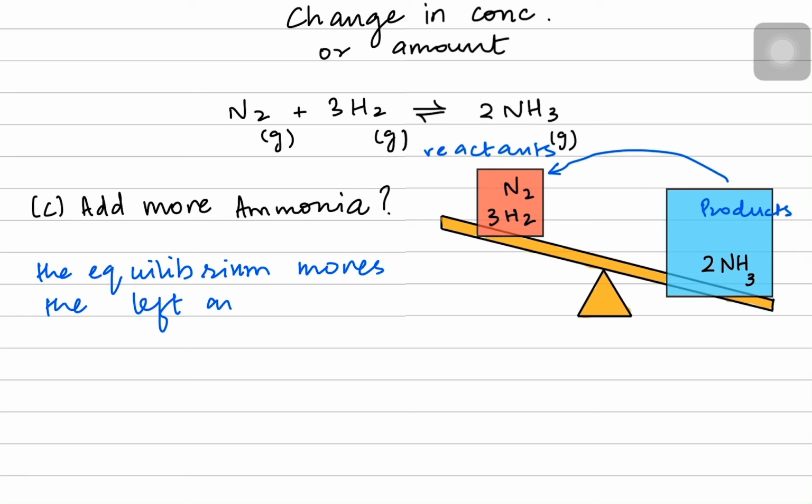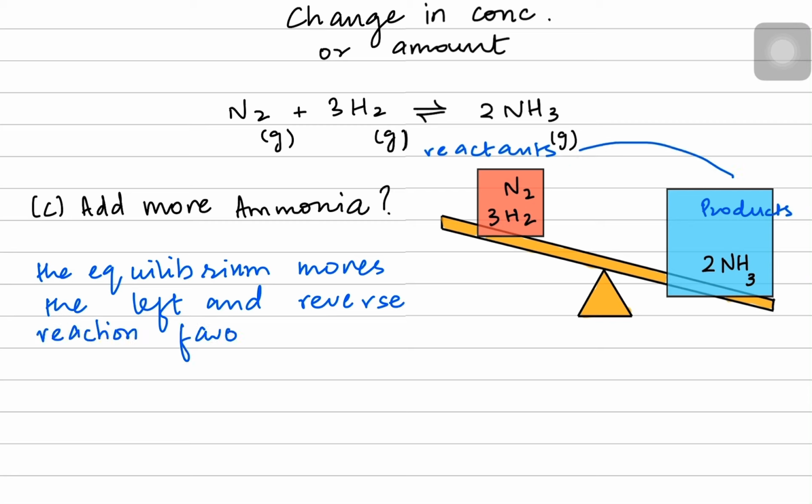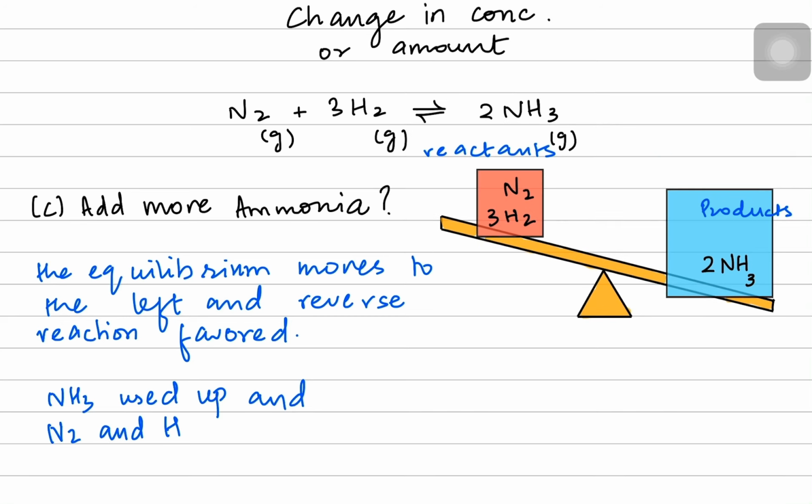The equilibrium moves towards the left. When the reverse reaction is favored, ammonia will be used up and nitrogen and hydrogen will be produced. As ammonia is used up in the reverse reaction, the amount will decrease again, and the amount of ammonia will return to its original value.